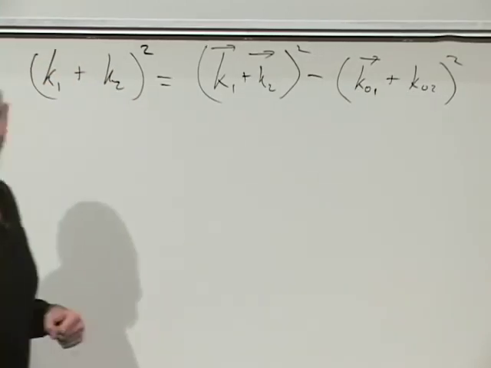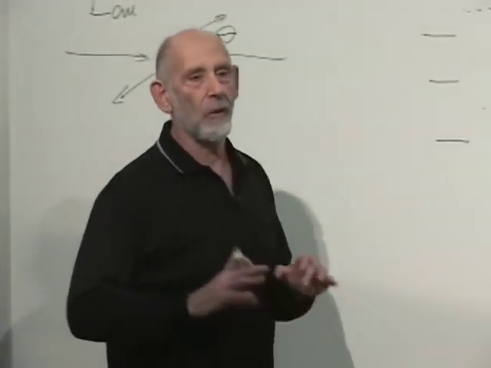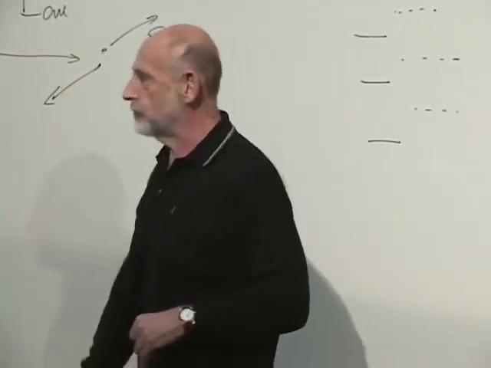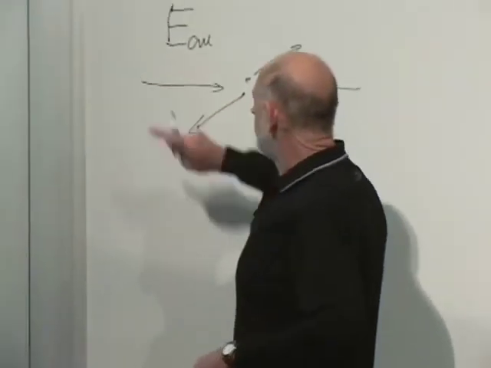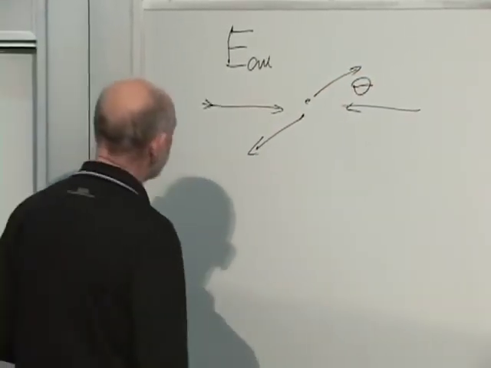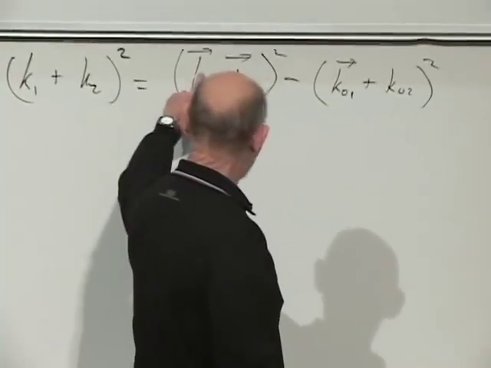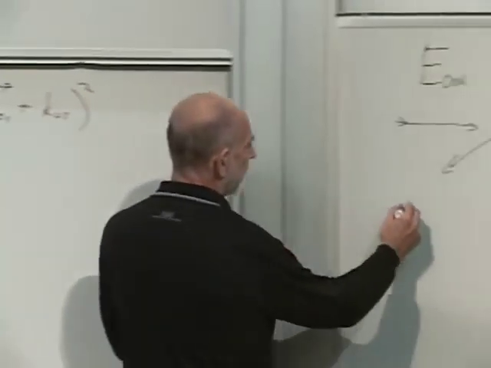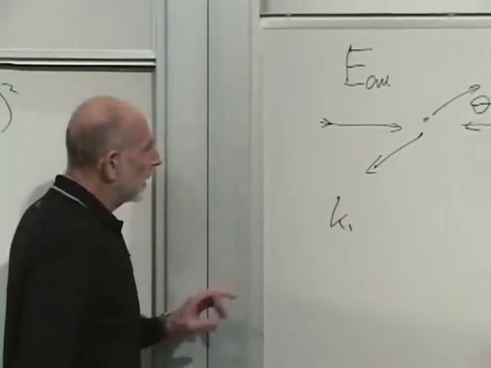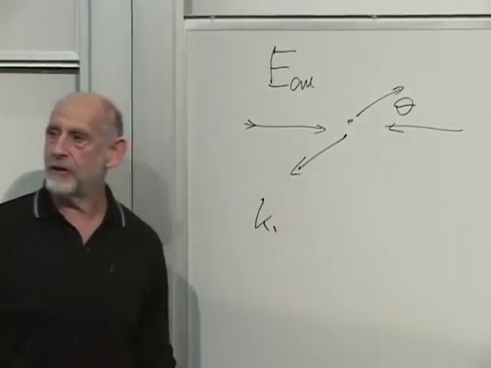Let's see if we can figure out what it is. It's an invariant quantity. Let's see if we can figure out what it is by going to the center of mass frame. In the center of mass frame, the momentum of this particle, what shall we call it? Well, it's K1. It's the space component K1. What about the momentum of this particle? It's equal and opposite.